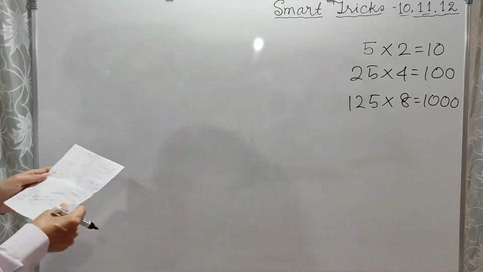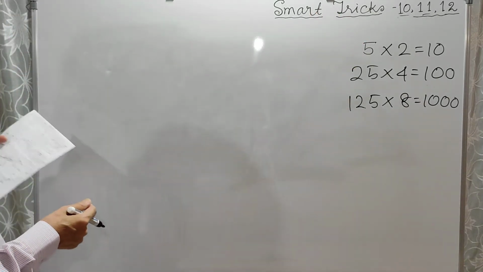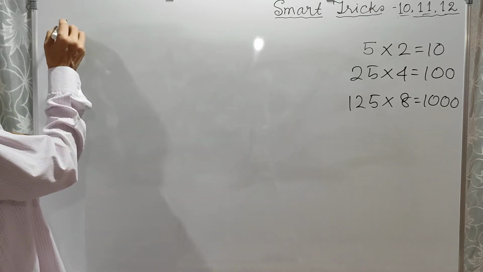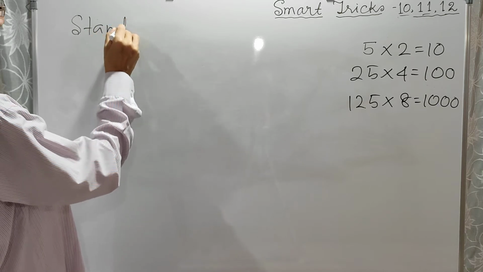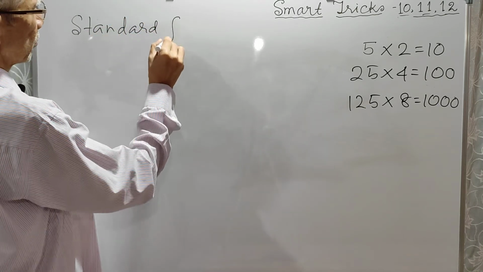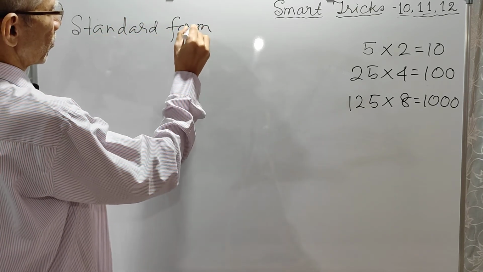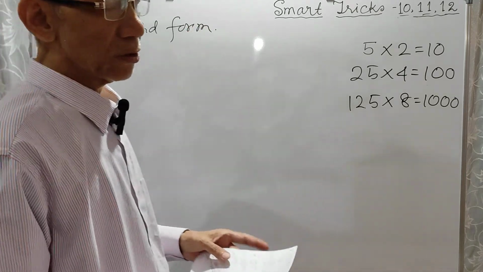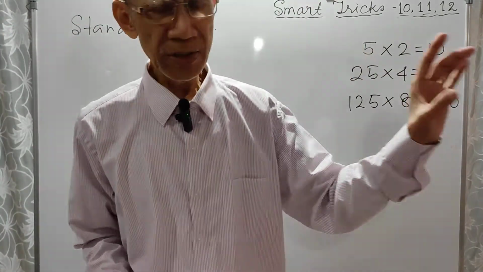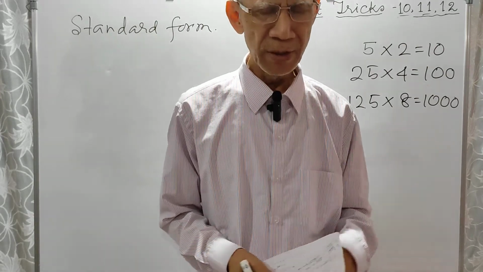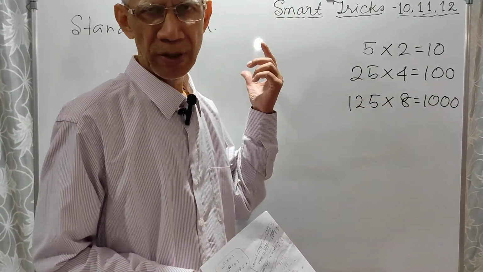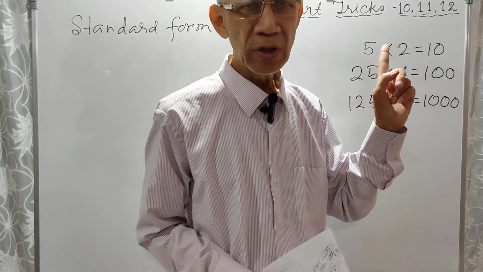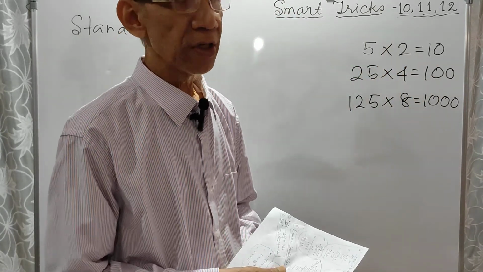Okay. All right. Now let us see that third one. Now this is about converting to standard form. Now, according to the board rule, the final answer in numerical sums in maths should be expressed in standard form. Standard form means one significant digit before the decimal.